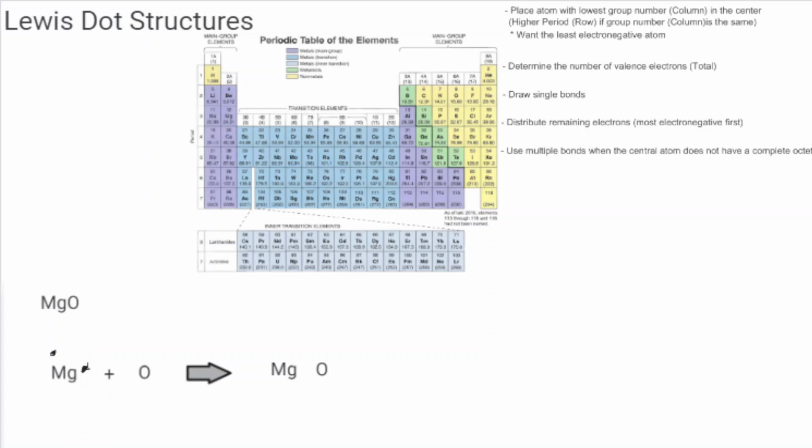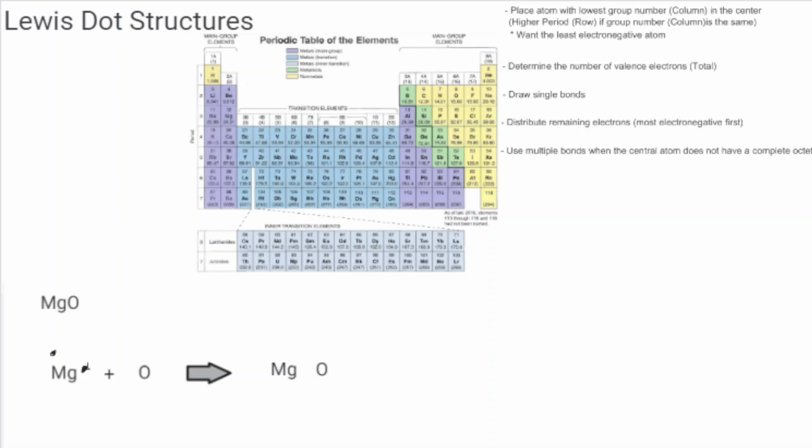Now we need to draw in our valence electrons for oxygen. Oxygen is over here with 8 protons, and so again we're going to start on the left side of that row and count 1, 2, 3, 4, 5, 6. So oxygen has 6 valence electrons. So I'm going to start adding these in.